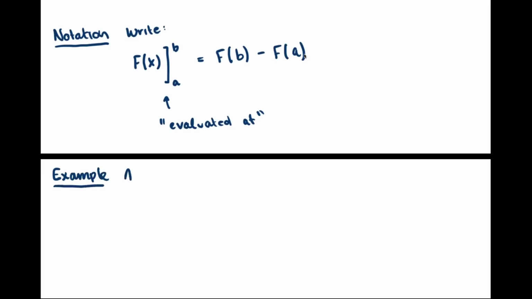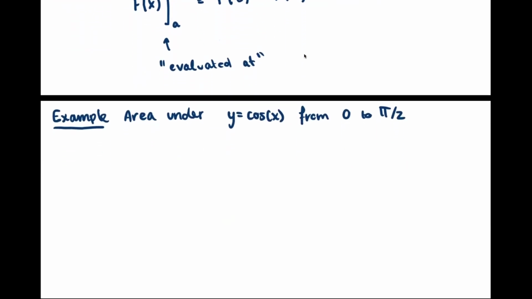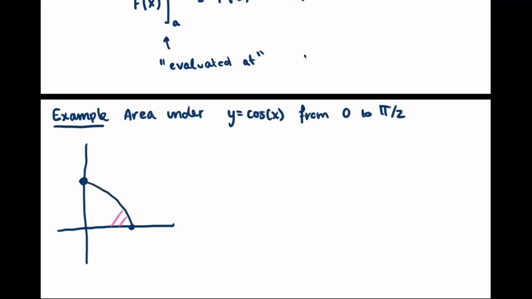Let's compute the area under the graph y equals cosine x from 0 to pi over 2. To draw a picture for this: if I start at 0, cosine is 1, and then at pi over 2, it's 0. So this is this portion of the graph. We're going to calculate this area.